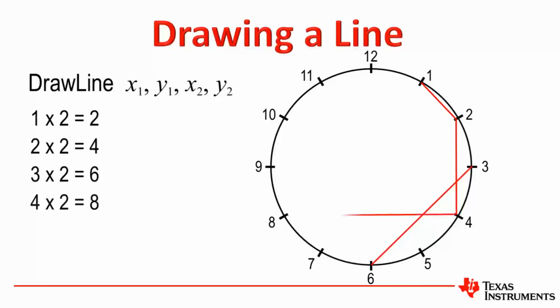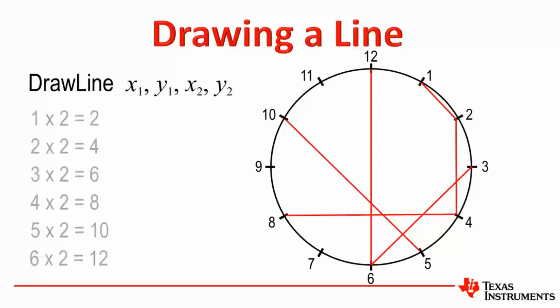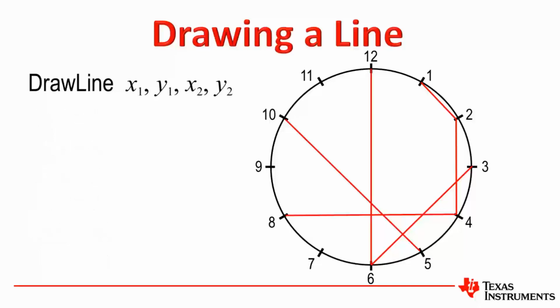And 3 maps to 6, 4 maps to 8, 5 maps to 10, and then 6 will map to 12. And we think, well, what are we going to do when we get to 7? Well, if I do 7 times 2, 7 2s are 14. We don't have a 14 on the clock.